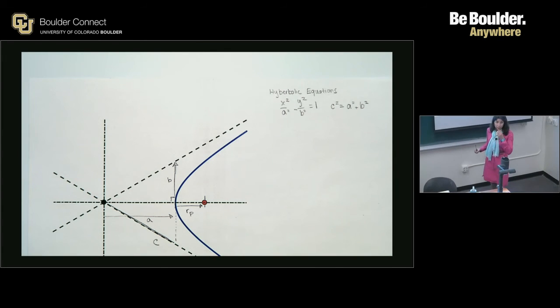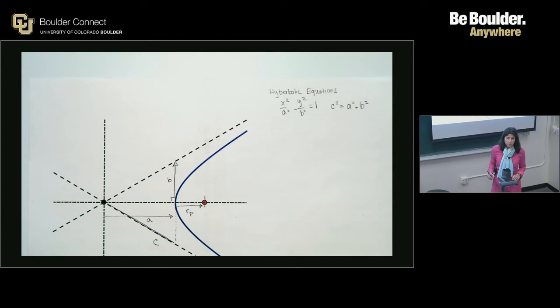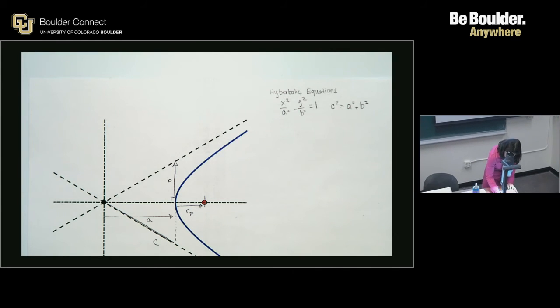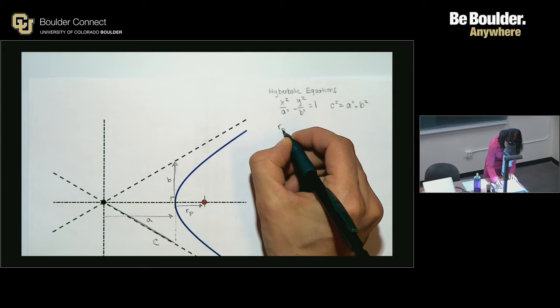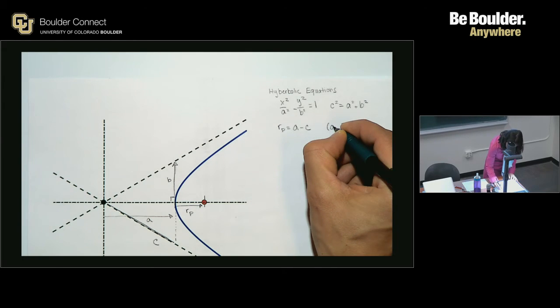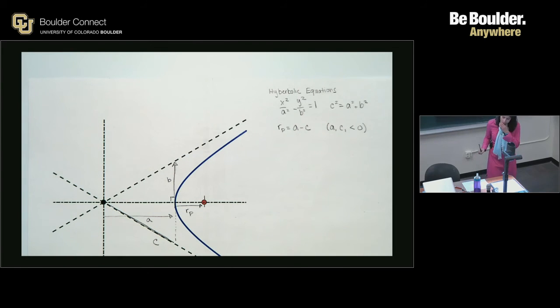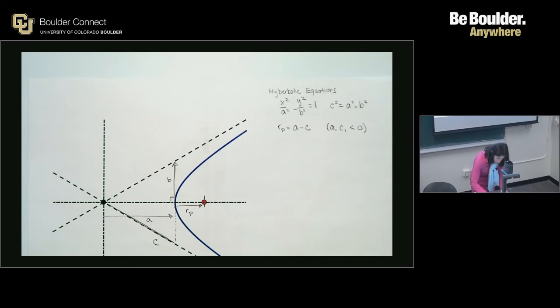One thing to note for hyperbolas, just by definition, is that the semi-major axis is what, positive or negative? Negative. So we'll say that r sub p we can define as a minus c, but we have to note that both a and c are less than 0 for a hyperbola.